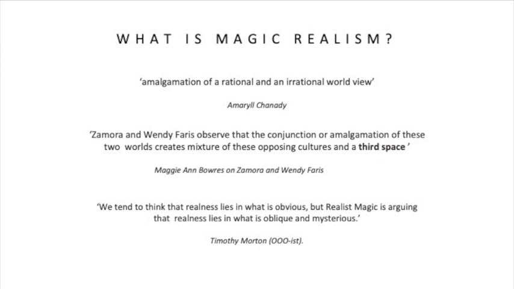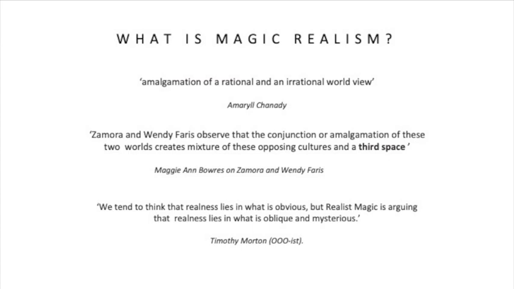So what is magic realism? Magic realism has been defined as an amalgamation of a rational and irrational worldview. And so for me, the rational was I am from two different places at the same time, and the irrational being that I feel like I'm from neither of those places at the same time.